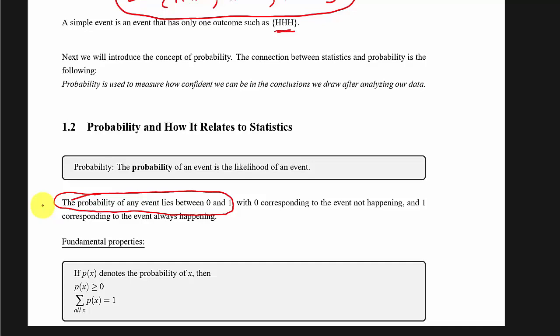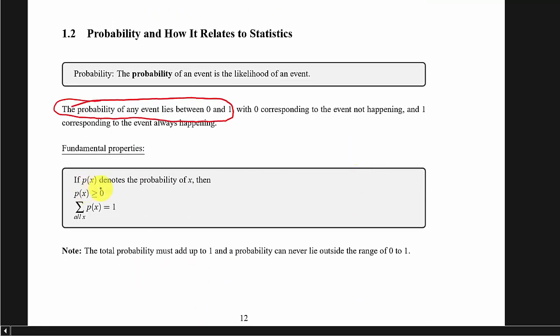All your probabilities are going to be between 0 and 1. And yes, they can equal 0 and they can equal 1, with 0 corresponding to the event not happening and 1 corresponding to the event always happening. And then if P(X) denotes the probability of X, then P(X) is greater than or equal to 0, and the sum of all P(X) is equal to 1.